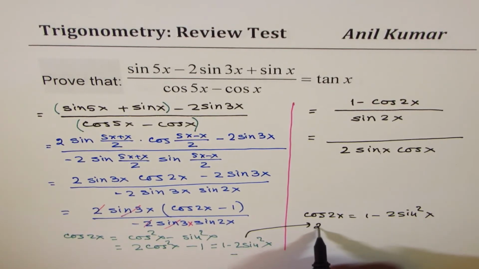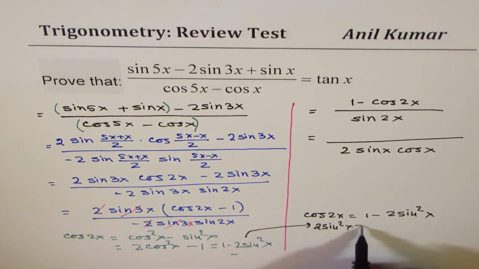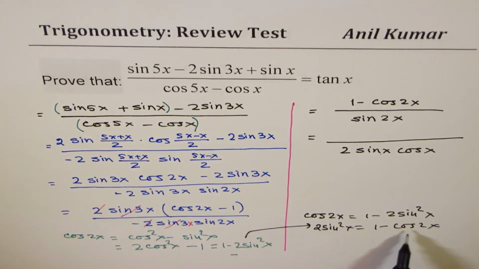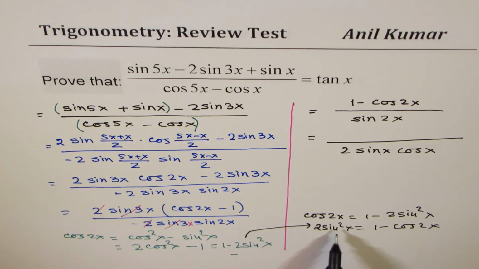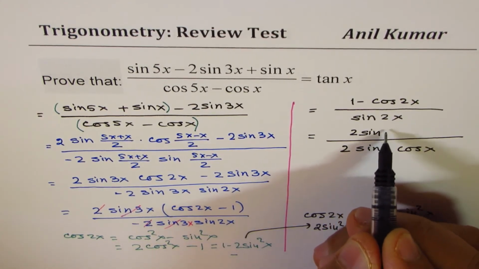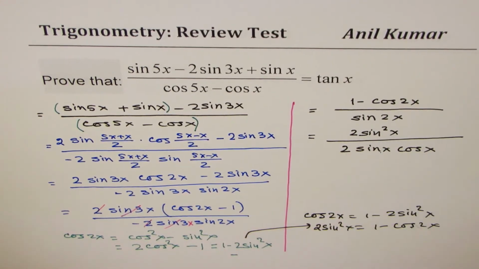Bringing it to the left side gives us 2 sine square x equals 1 minus cos 2x. Do you get the idea? So 1 minus cos 2x can be written as twice sine square x. That is how you could rearrange.